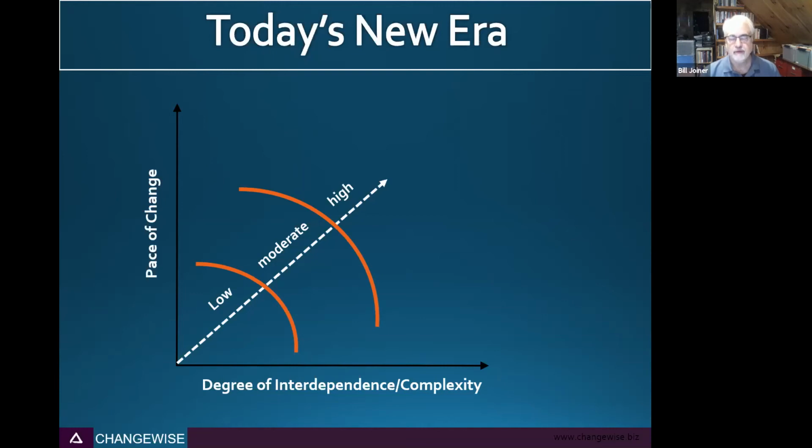And then roughly the last half of the last century, we entered into an era of moderate change and complexity, requiring strategic planning for the first time, for example. Now, of course, we're in this unprecedented environment where pace of change is off the charts and level of complexity is off the charts. And it really is, to use an overused word, unprecedented.